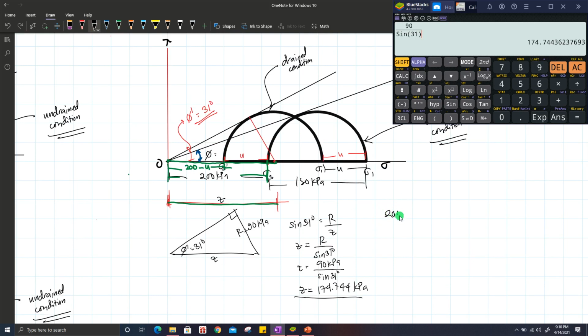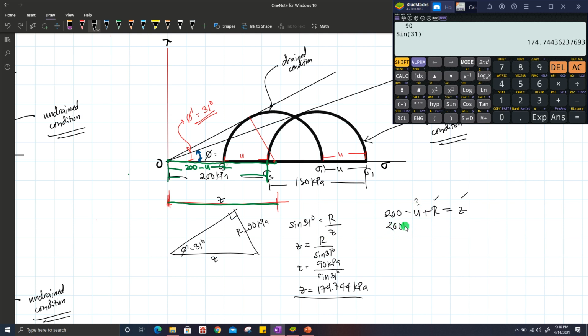That is 200 minus U plus yung radius ng ating semicircle is just equals dito sa distance Z natin na kinompute kanina. So, may Z tayo, unknown U, meron ding radius. So, ayusin lang natin yung equation.